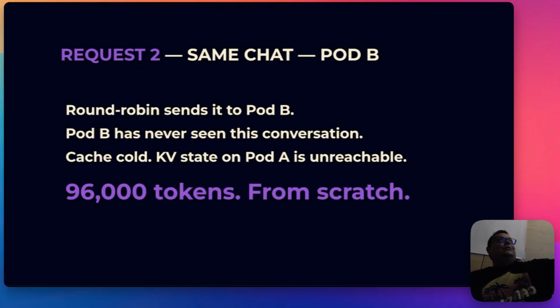With round robin, you see we're coming to a new pod, and the new pod has no idea of our KV cache. So you need to take care now. What does it mean, right? Let's say, cool, we have horizontal pod autoscaler, and you start adding more and more replicas. But that's even worse because you start computing the 96,000 tokens again and again and again in the different pods, in the different GPUs, because there's nothing available by default in Kubernetes which takes care of the KV cache.